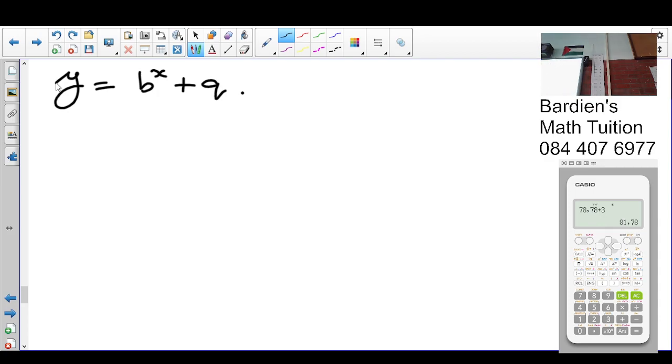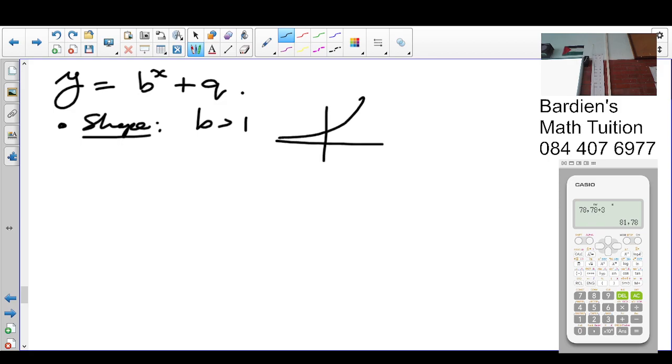So firstly, when we draw this graph, we look at the following shape. If b is greater than 1, then the graph will be increasing. However, if b is less than 1 but more than 0, the graph is going to be decreasing.